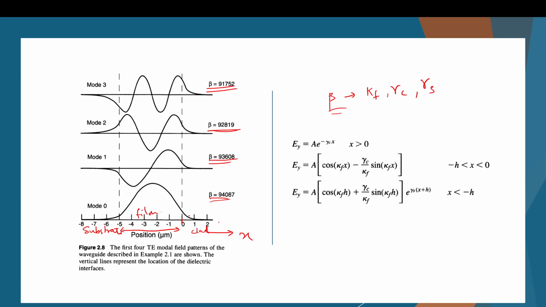That's because the cladding index is not exactly the same as the substrate index. So that's why it's not an exactly symmetric shape. Slight asymmetry is there. So that's how the modes look.